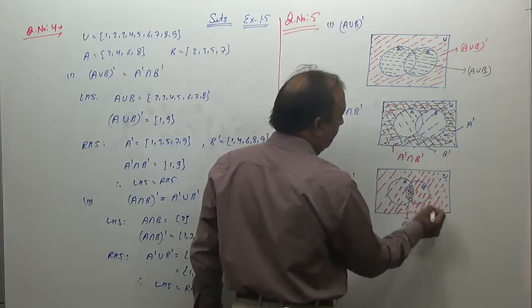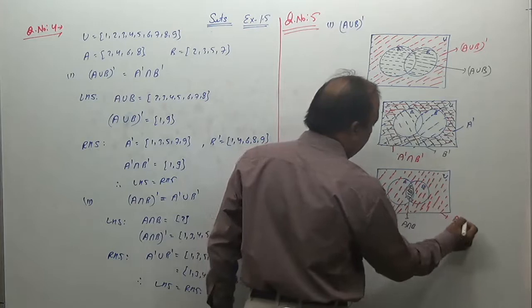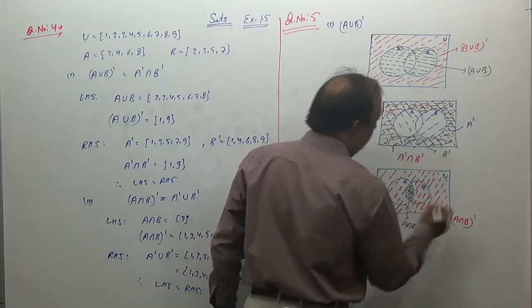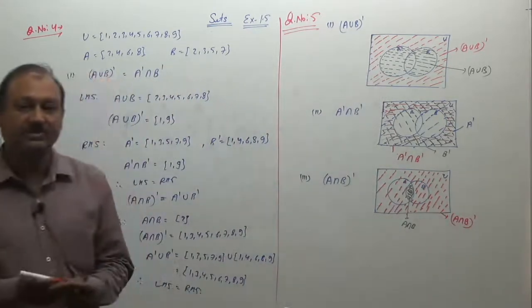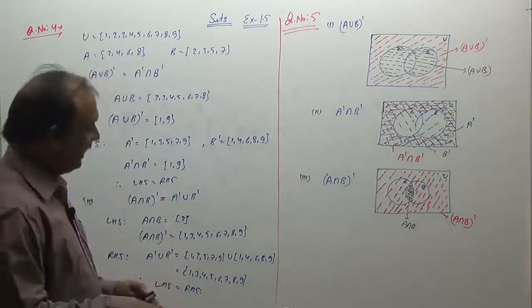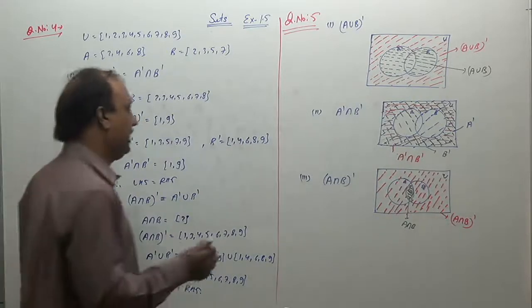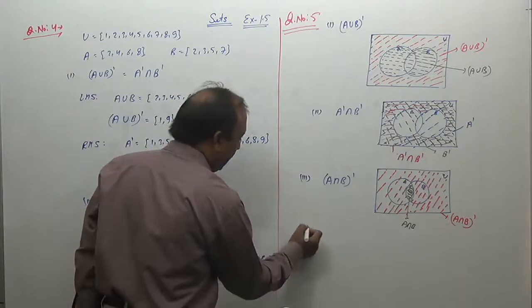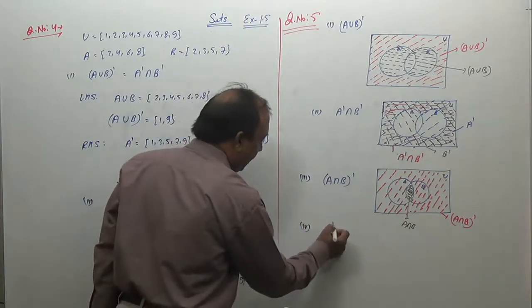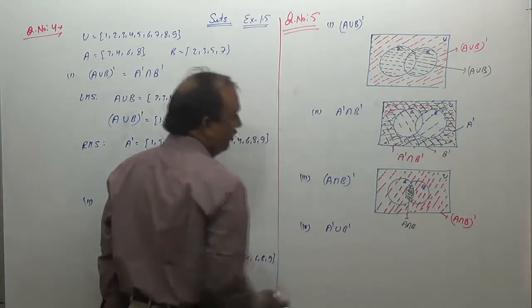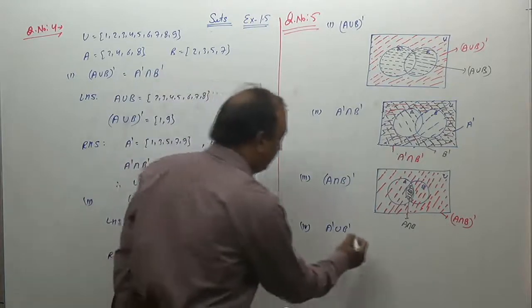So this one is called A intersection B whole complement. तो ये वेन डायग्राम है A intersection B complement का. And now fourth is A complement union B complement. So what is the Venn diagram of this portion?